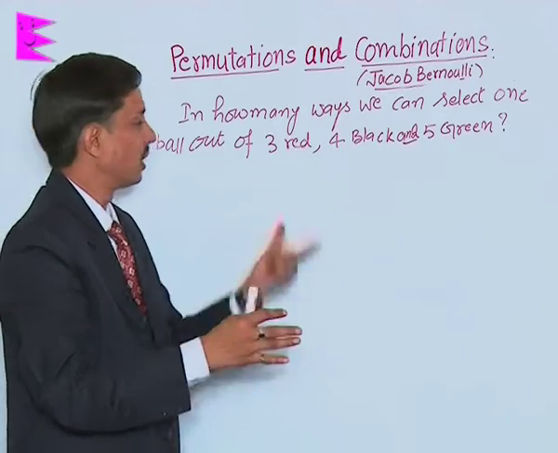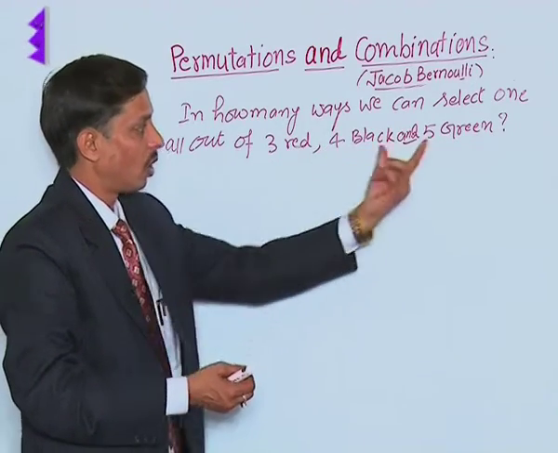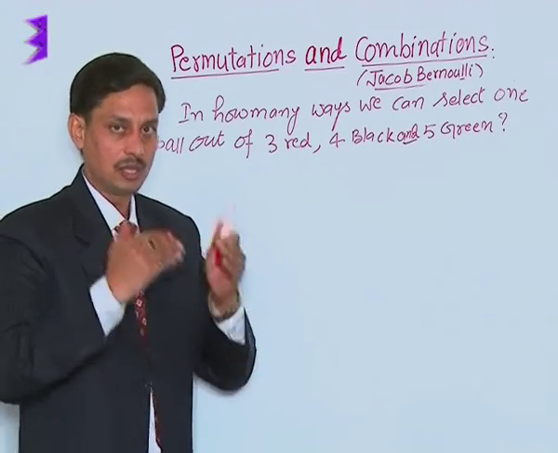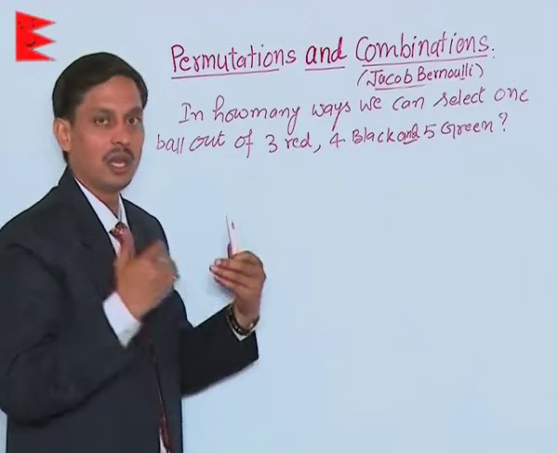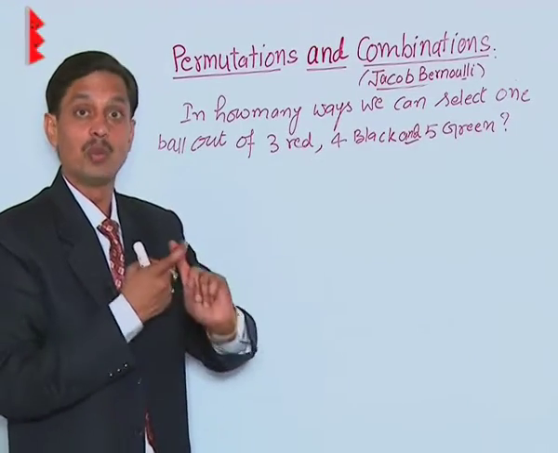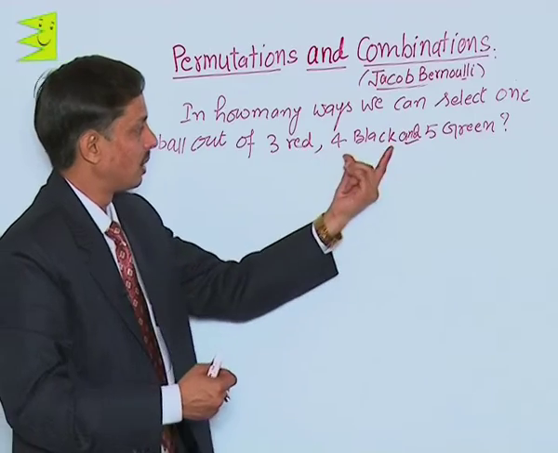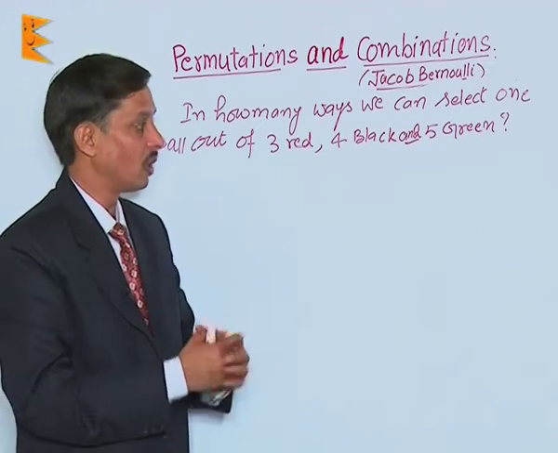That is, either the ball will be of red color or black color or green color. So the problem makes us think about which principle is applicable. We are selecting one ball. In one box 3 red balls, in another box 4 black balls, in another box 5 green balls.